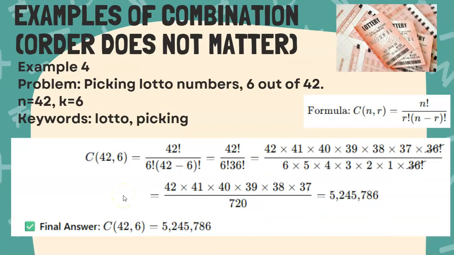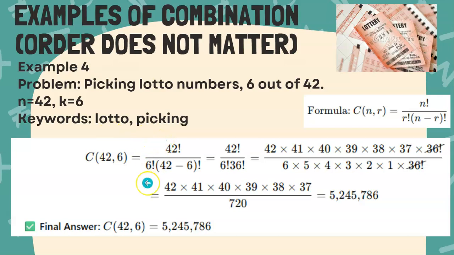And now for example number 4, combination problems. Picking lotto numbers 6 out of 42. So how many lotto numbers all in all? 42. So n is equal to 42. But how many numbers are going to pick out of 42? Only 6. So r or k is equal to 6. So the keywords, lotto or picking.